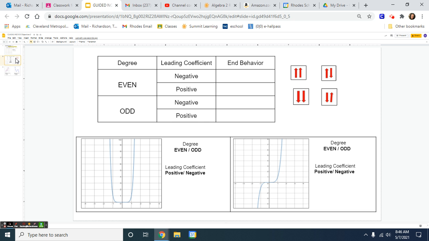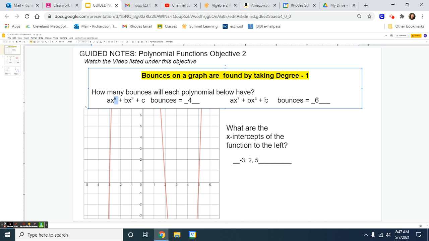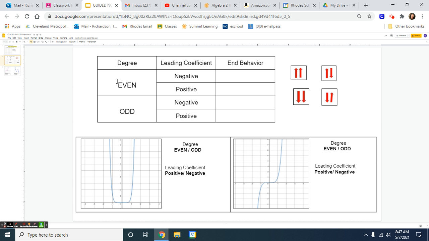And that's all based on either the degree or the leading coefficient. So remember, degree is your largest exponent. Well, that number could be either even or odd. So like back in our first slide, we had a degree of 5 and a degree of 7. Those are both odd, right? You could have a degree of 4 that is even. So your degree tells you something about your arrows.